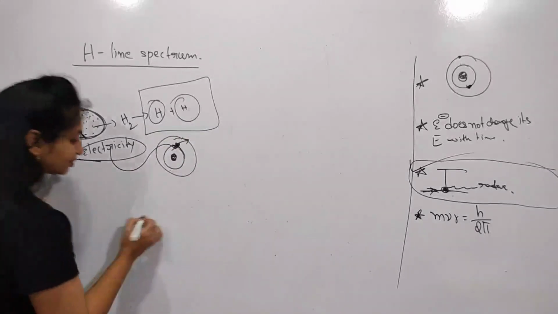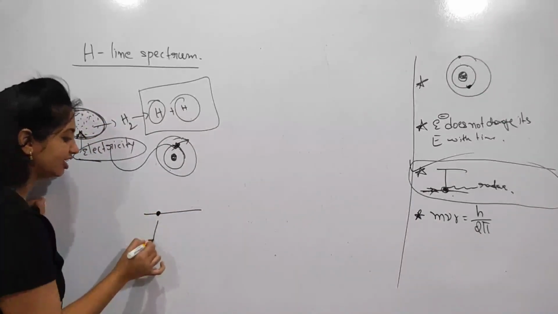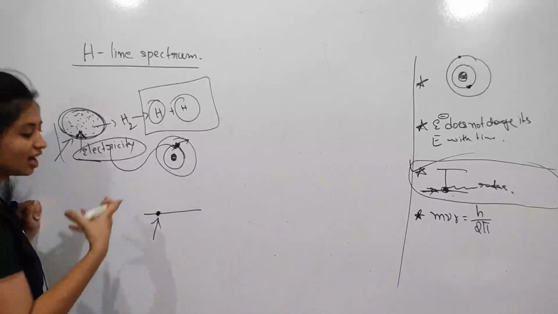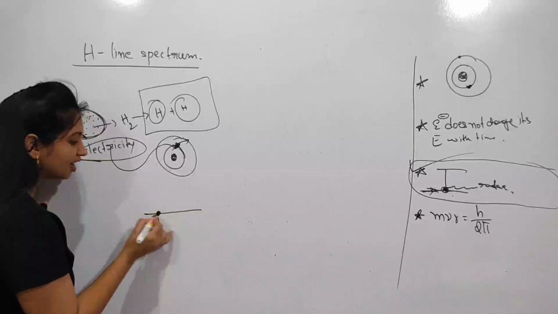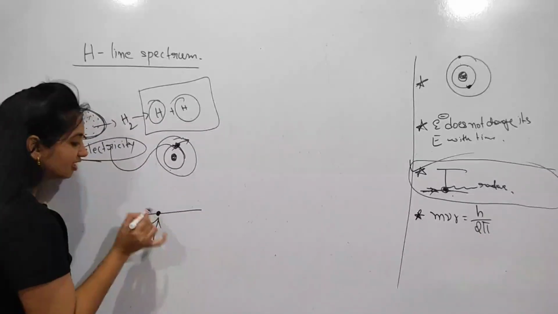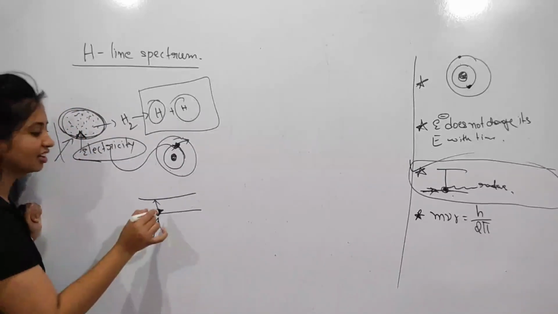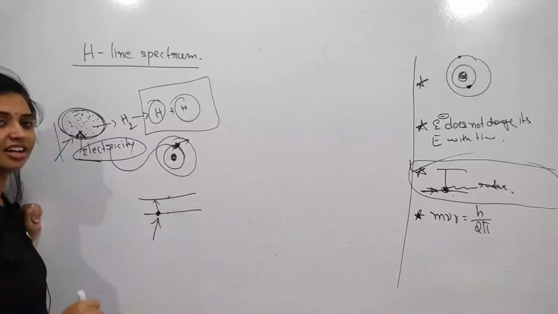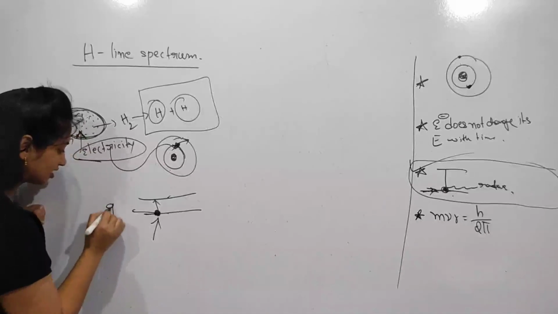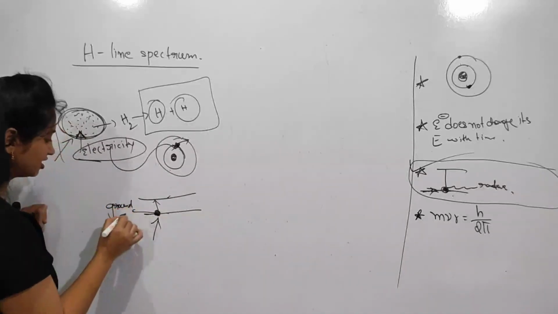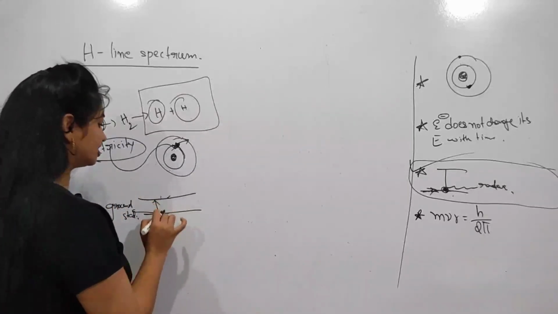When we apply external energy to it, it becomes excited and jumps from a lower energy level to a higher energy level. Its original position is called the ground state, so it jumps from the ground state to a higher energy level.